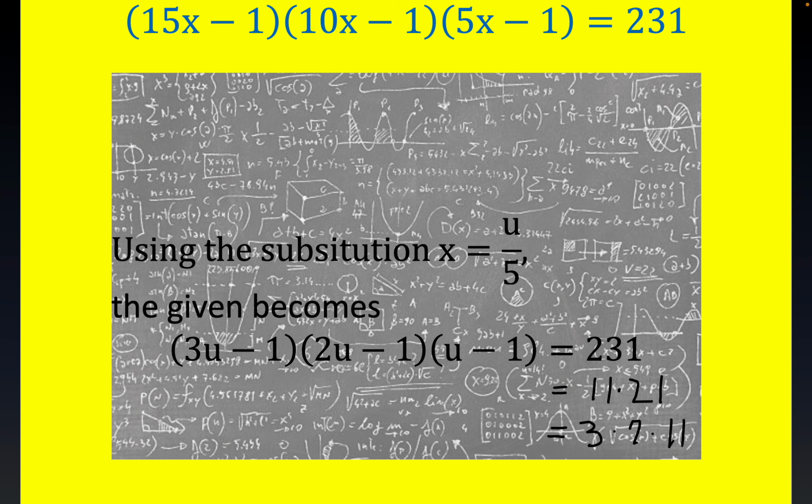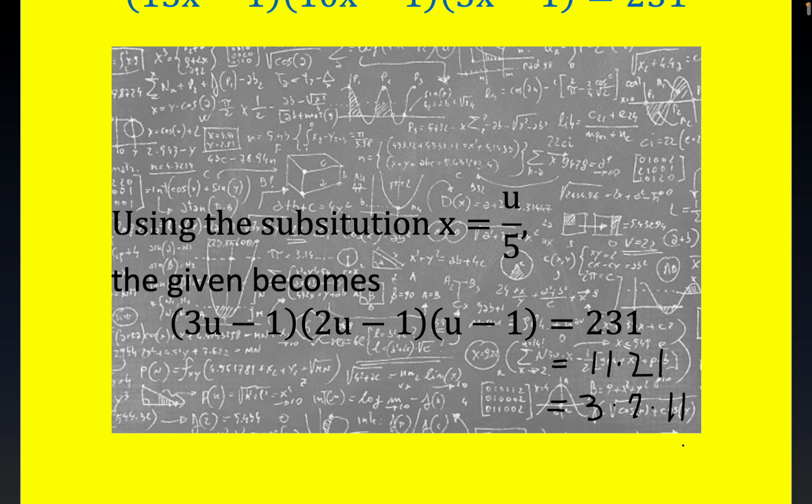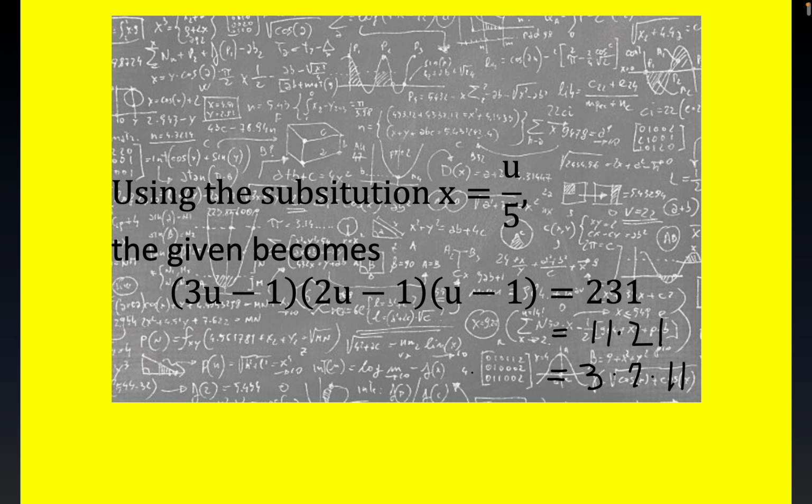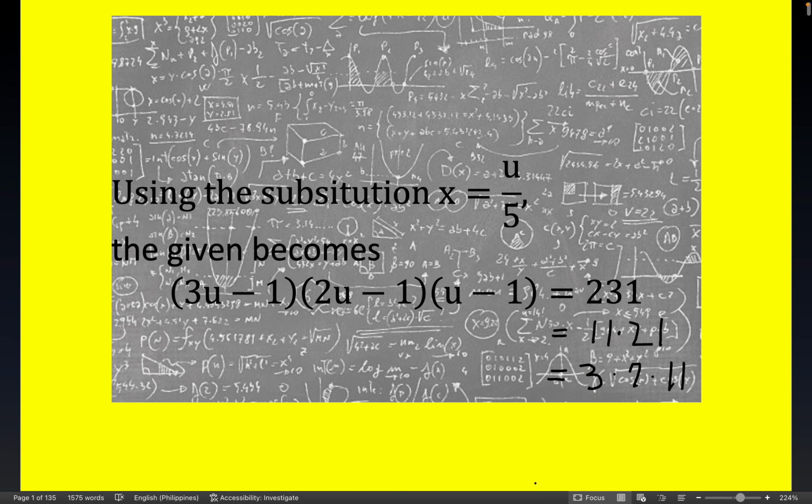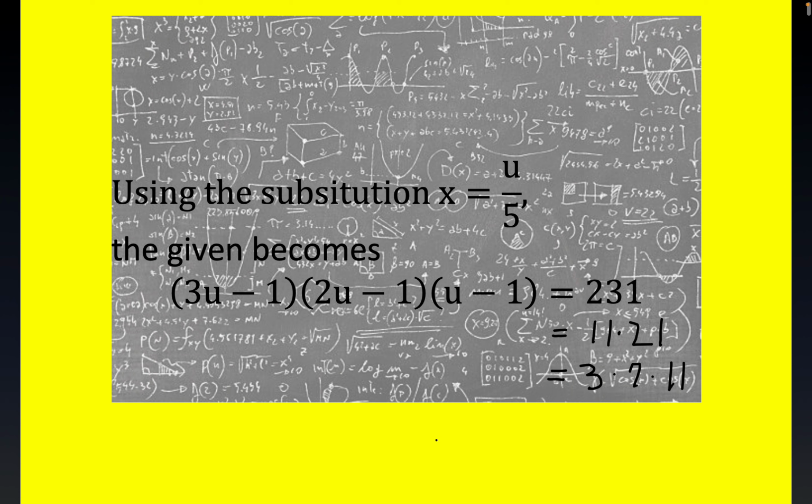Now you see, it gets easy in a hurry because u minus 1 is the smallest of the factors. So u minus 1 would have to equal 3.